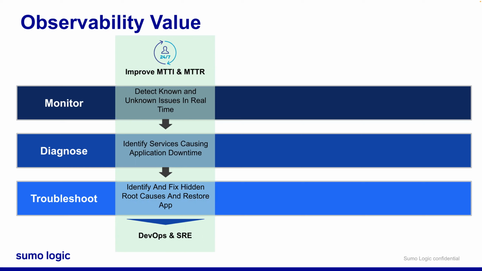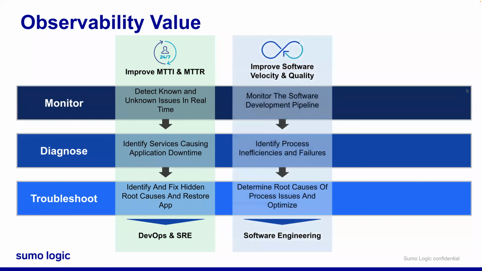The first one is the DevOps or SRE team, those individuals responsible for monitoring the health of the application. They're going to need observability so that they can quickly monitor, diagnose, and troubleshoot application health issues. For the software engineer on the team, observability provides visibility into the software pipeline.